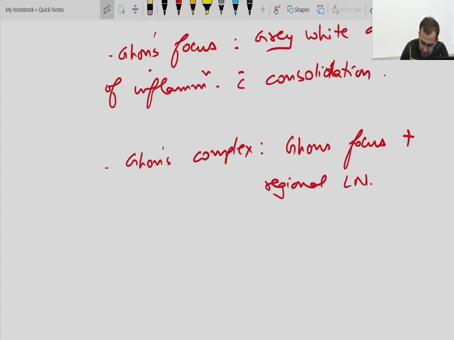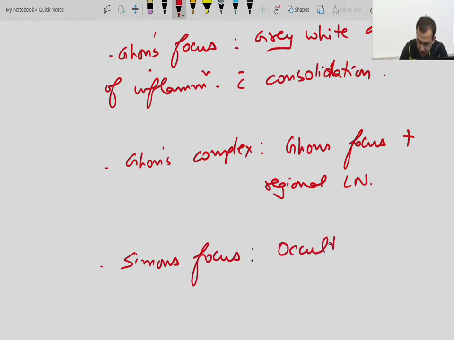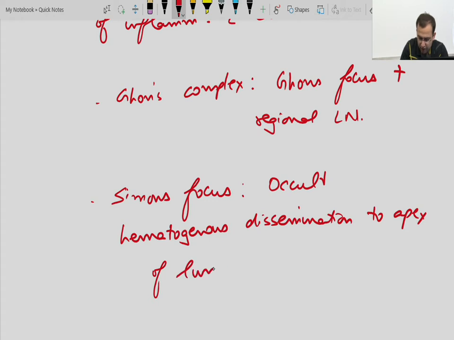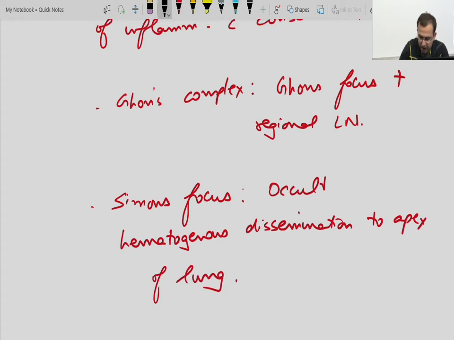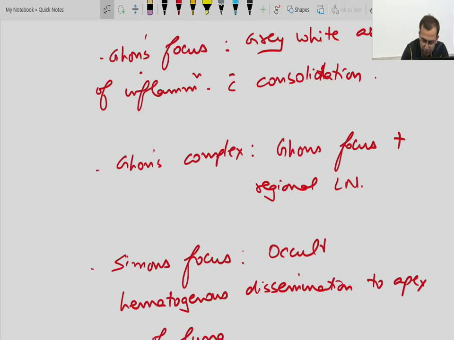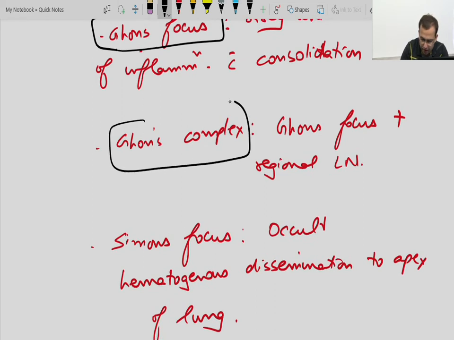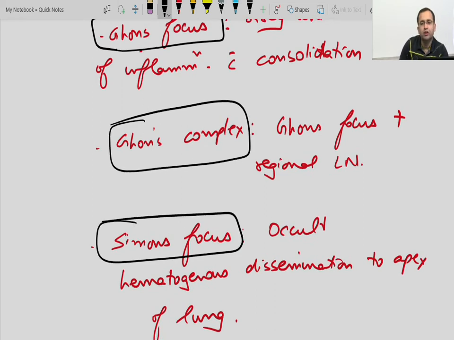And the next is Simon's focus, which is occult hematogenous dissemination to the apex of the lung. So primary TB has three named foci: Ghon's focus, Ghon's complex and Simon's focus.